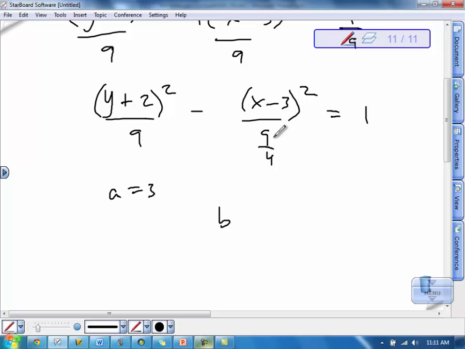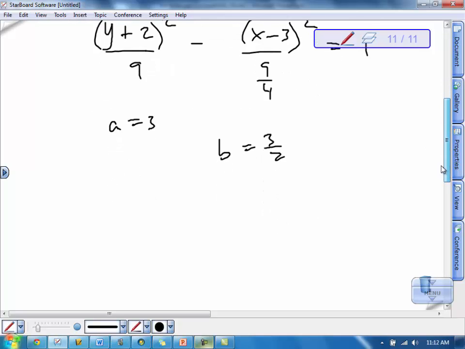It might seem weird, but multiplying by 4 is the same as dividing by 1/4. So basically you can look at it as this 4 that was here, I can move to the bottom as 1/4. Because dividing by a 4th is the same as multiplying by 4. So dividing by a reciprocal is the same as multiplying by the number, or all the way around. So this turns into 9/4 in the bottom. And so b is the square root of that, which is 3/2.